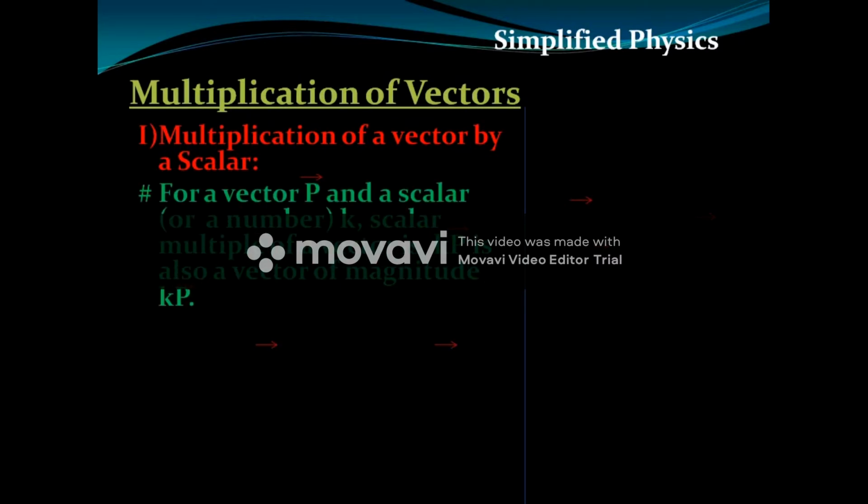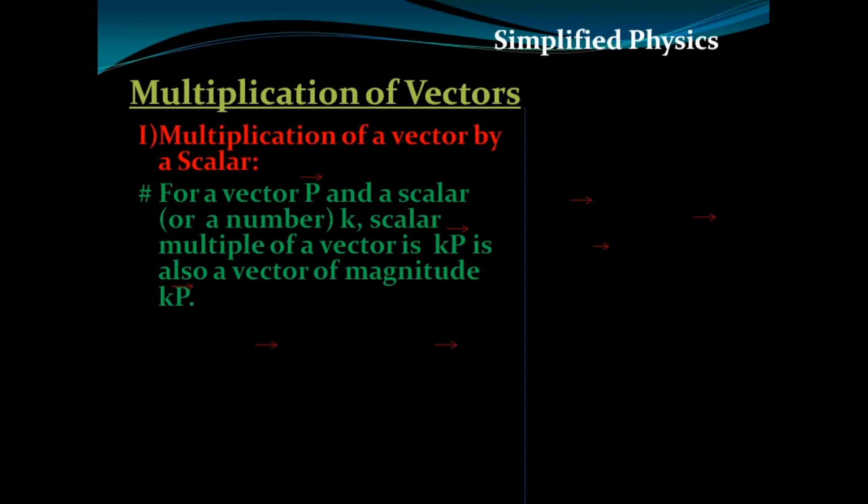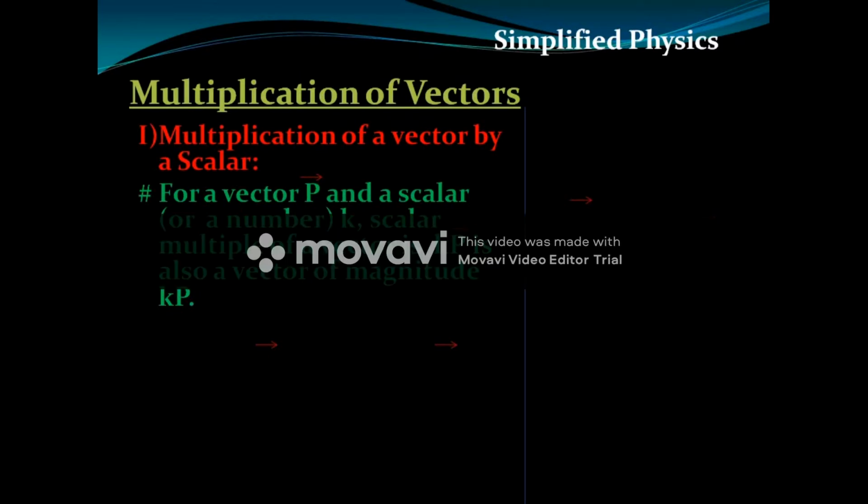Let us suppose a vector p and a scalar, or any number, k. Then a scalar multiple of a vector, k p vector, is also a vector of magnitude k times the magnitude of p only.